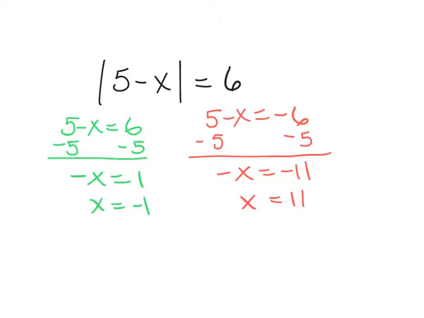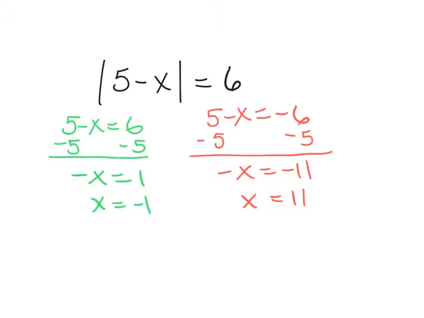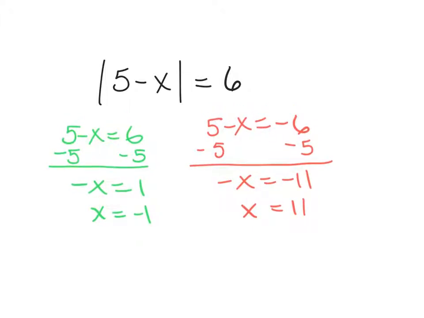Alrighty, here we go. Taking a look here, I set it up as 2 equations. Once I set it up as 2 equations, I subtracted 5 on each side. Once I subtracted 5 on each side, I came down with -x is equal to 6 minus 5, which is 1. Divide each side by -1.